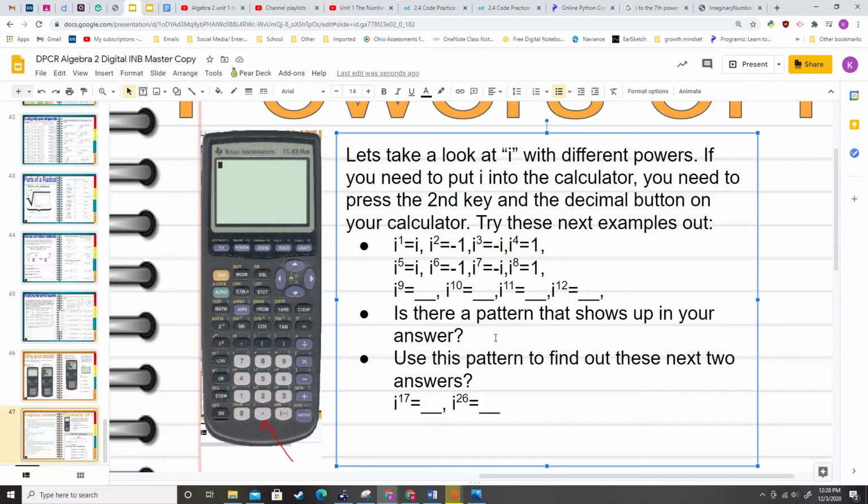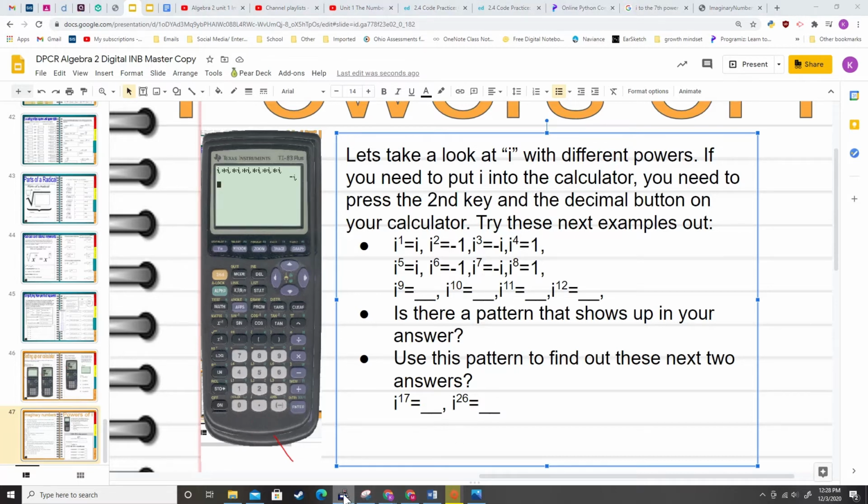Sometimes you might have to go through and do it long form like I just did. So if you do see something a little crazy like that, I know I could just double check that by actually multiplying out all the i's.